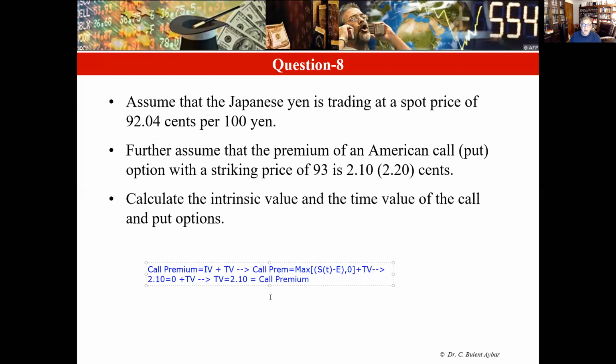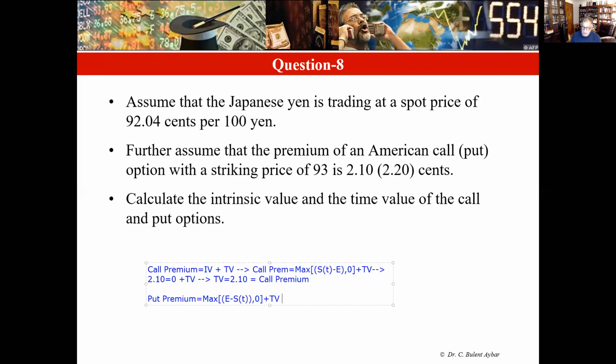So this is what we are looking at. In the case of the put option, put premium is equal to the maximum of exercise price minus spot price at the time of evaluation and 0, plus the time value.